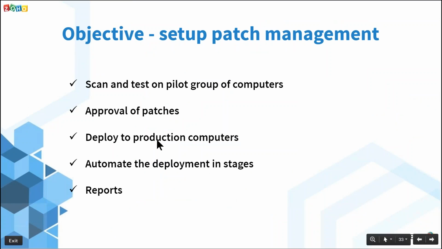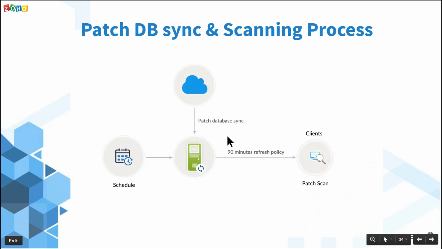After the approval, he should deploy the patches to the production environment. To make the deployment much easier, let's have a look at how to create an automated patch deployment task, and we will see how to deploy the patches on a periodic basis. At last, he needs to share the deployment report to his IT manager. So let's see how John and team achieve these objectives using Desktop Central.